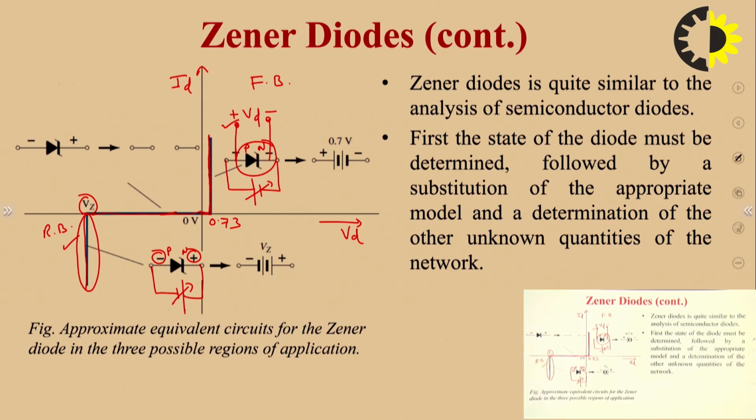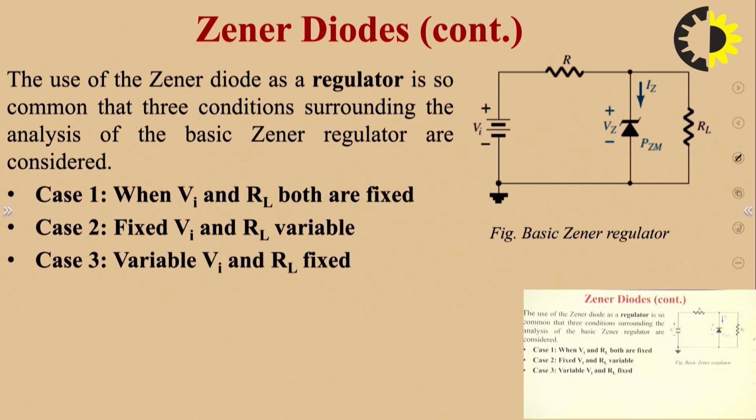That means it allows current from the minimum Zener current to the maximum Zener current. The current increases but the Zener voltage stays constant, and this phenomenon is used in Zener diode applications, such as the Zener diode working as a voltage regulator.